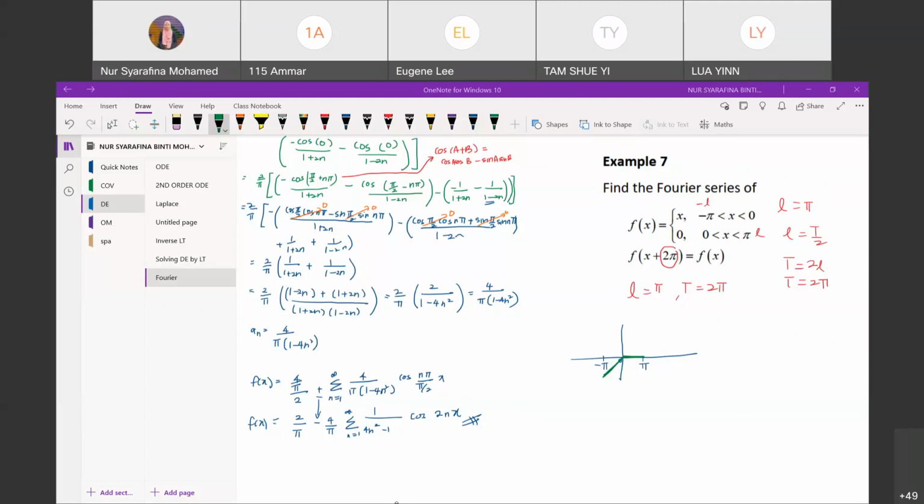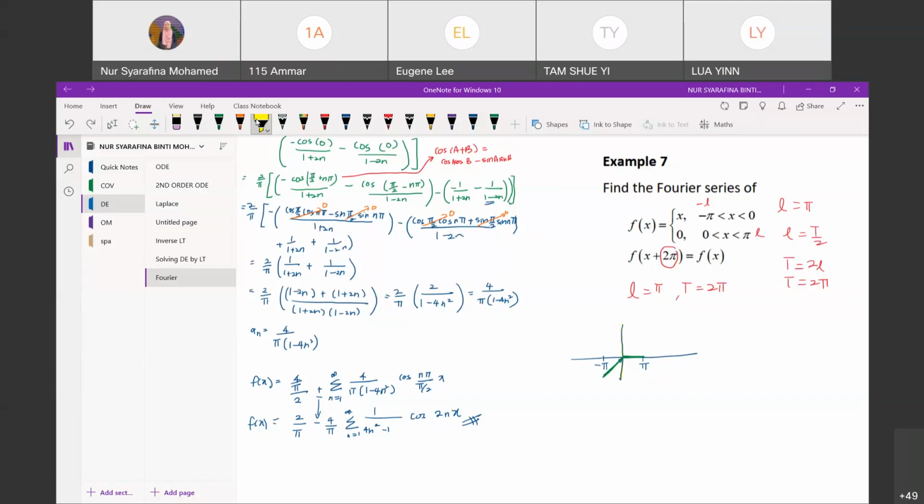So from this shape, what can you conclude? Is it symmetric about the y-axis or the origin? If it is symmetric about the y-axis, then this should be your symmetric line, right? But is it symmetric? No, right?